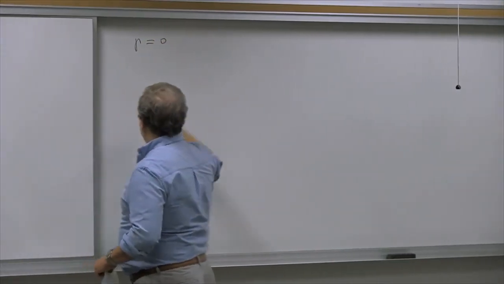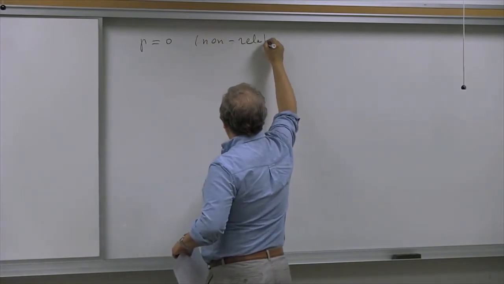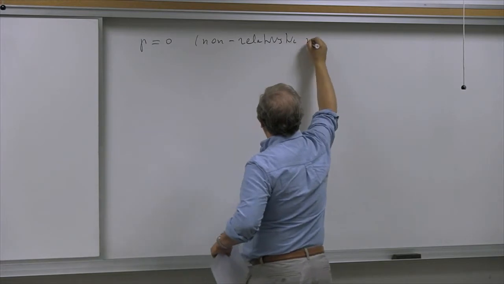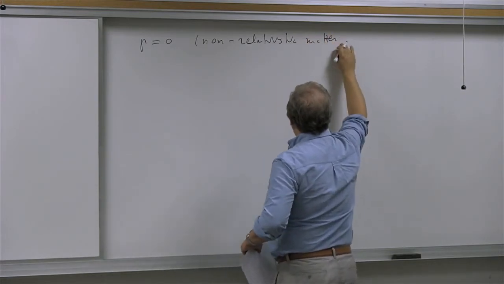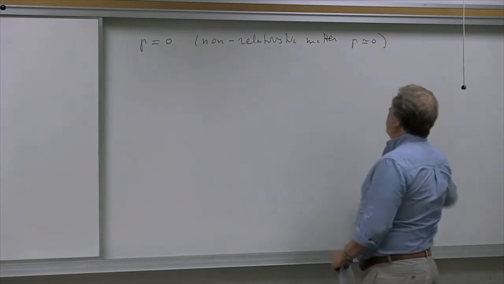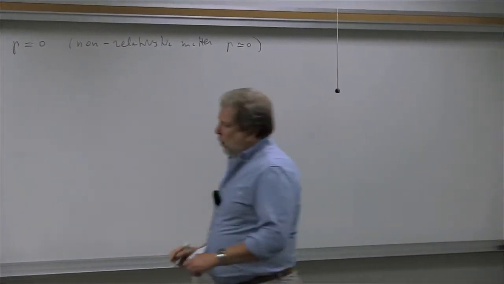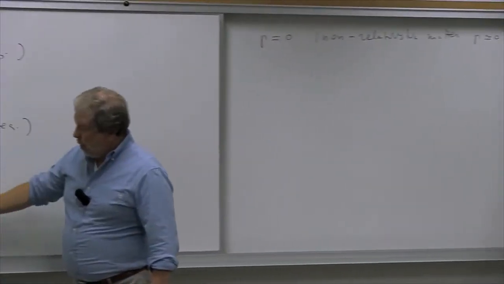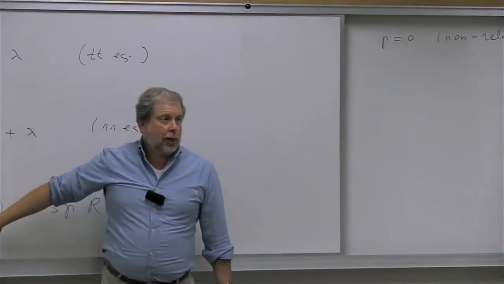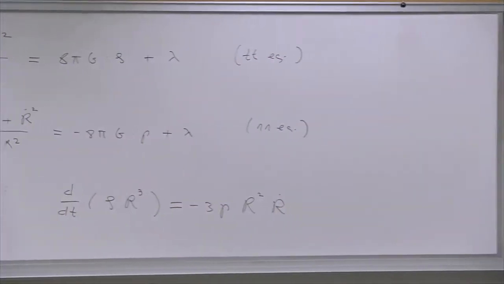That essentially corresponds to non-relativistic matter. Non-relativistic matter has a pressure which is negligible, and so we'll set that to 0. And so that means that in the last equation, this term here is 0. So we just get that the time derivative of ρr³ is equal to 0.